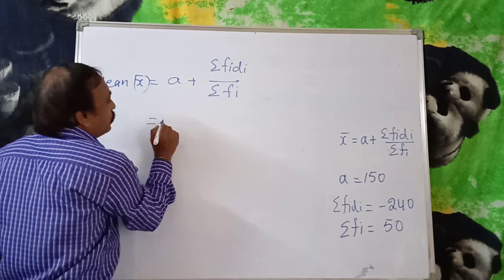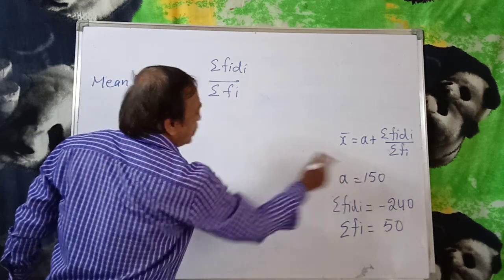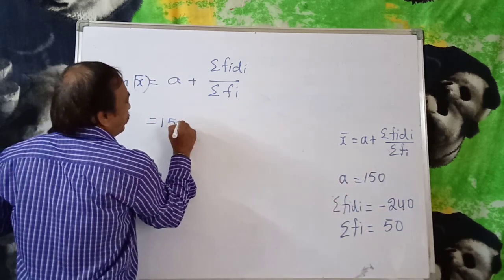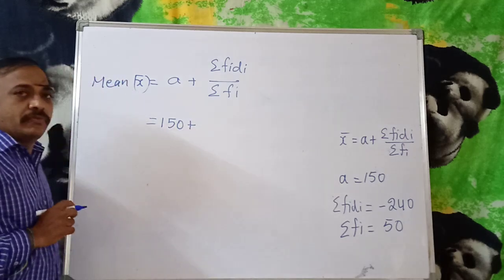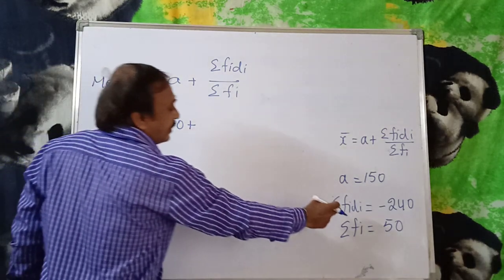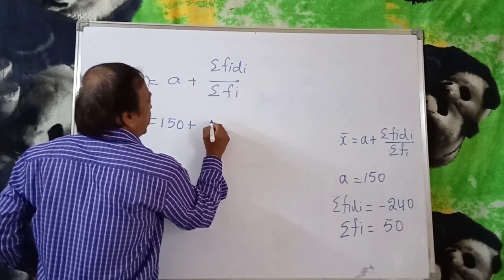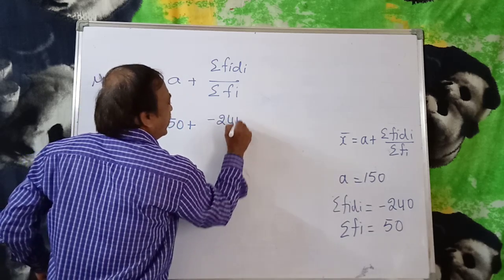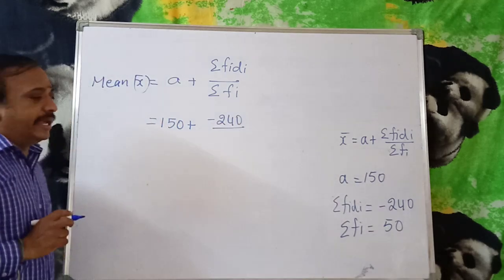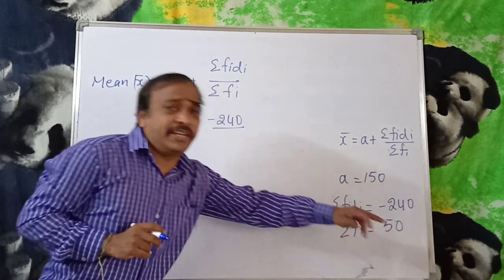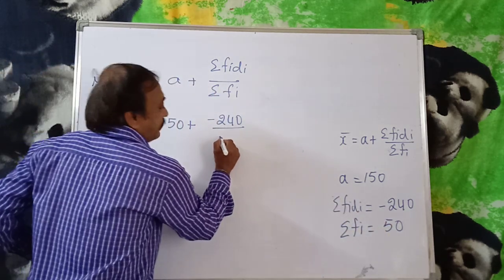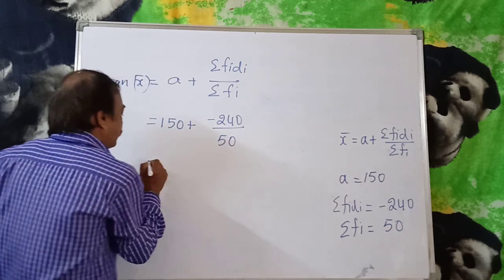Now this is equal to the value we assumed as 150. So 150 plus, then sigma Fi di we obtained as minus 240 by sigma Fi, whose value is 50.